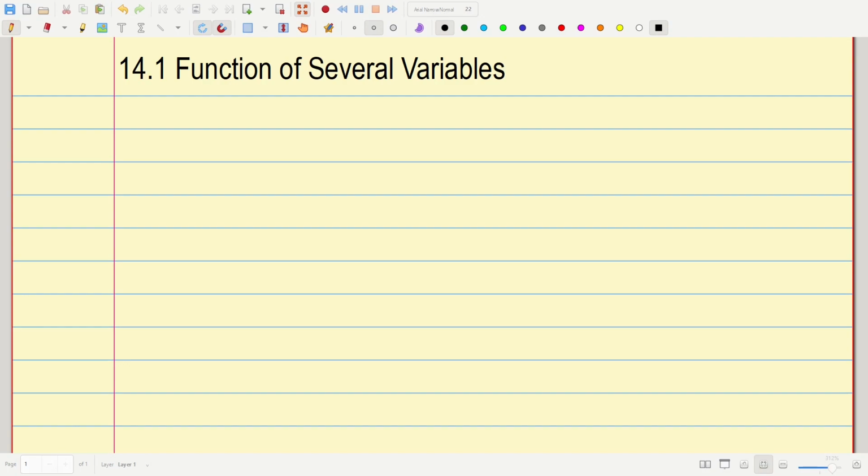last time we introduced the idea of a function of two variables.